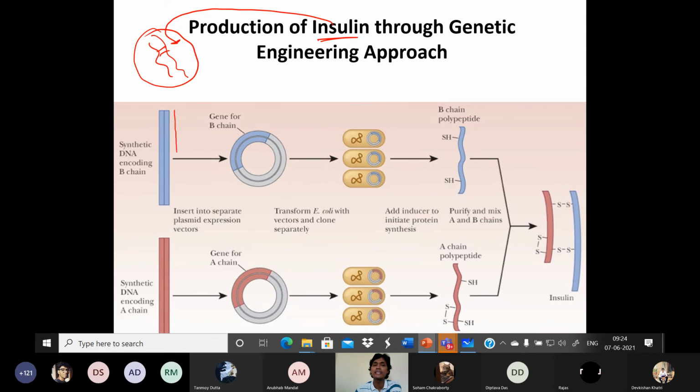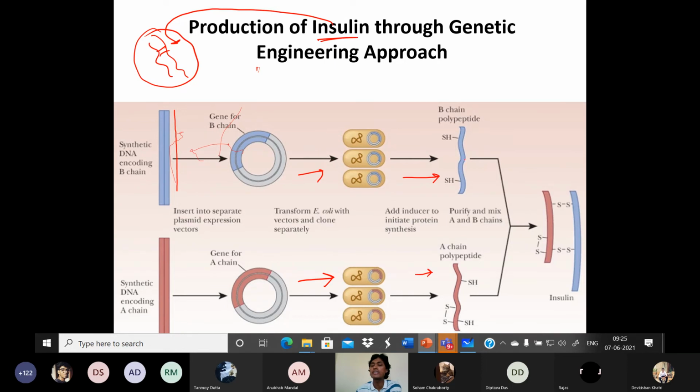So this is the DNA that makes the peptide present in insulin, right? Then you can synthesize another gene that makes the other peptide present in insulin, that is the B chain and A chain, and you have to put this genetic information in the plasmid, then you put this plasmid into E. coli host cell, and then make your protein, that is, two polypeptides separately you are making in different flasks.